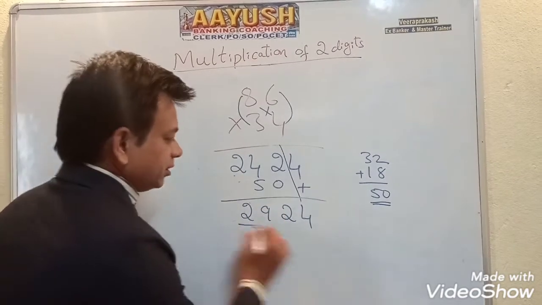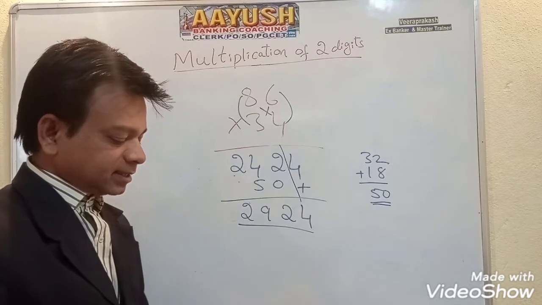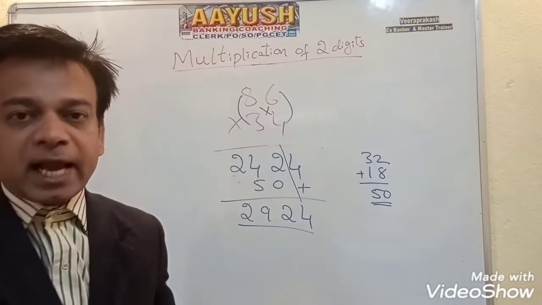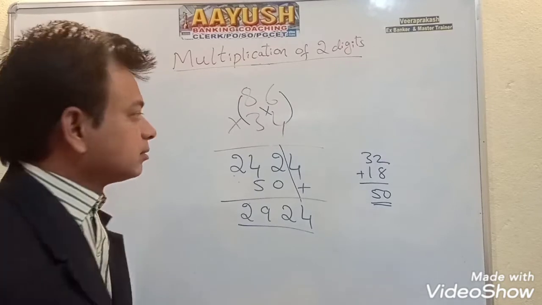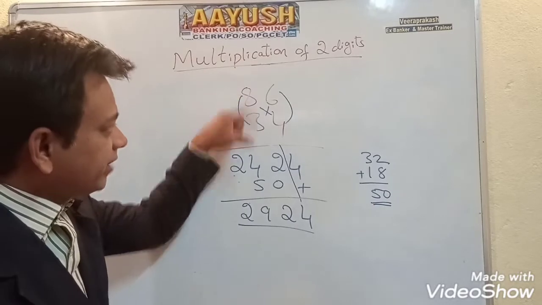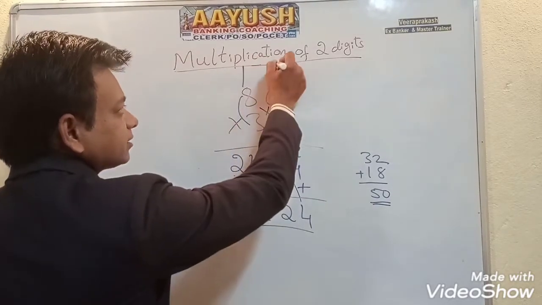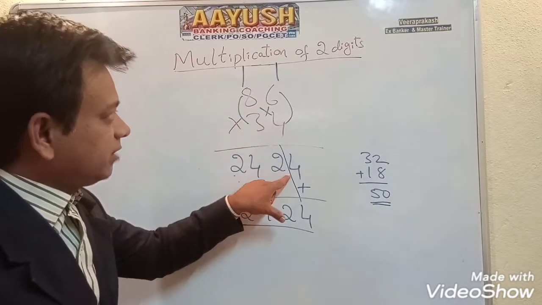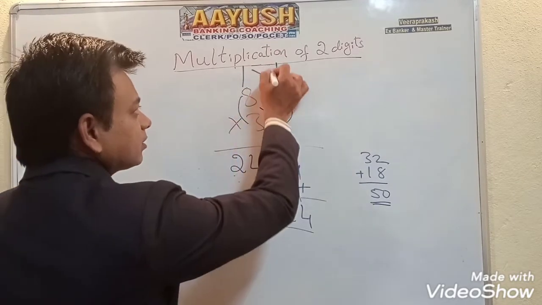So if you go for multiplication of 86 into 34, you'll be getting the answer as 2924. Once again, first you multiply straight away. 8 3s are 24, 6 4s are 24. Then go for cross.